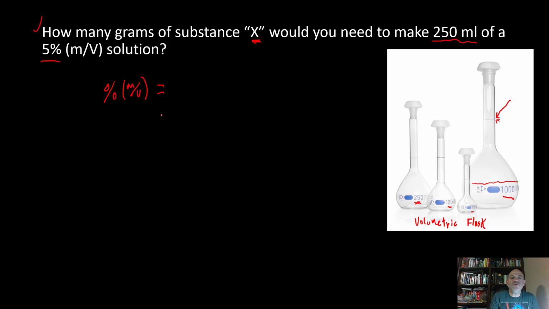I always tell my students, what we've got to do is use the formula, write it down so you can see it, okay? And I'm going to just shorthand here, and just say mass, and we understand that this is going to be the mass of the solute, okay? And then this is the volume, and what we want to remember is that it's volume in milliliters when we're talking about percent concentration. So it's mass in grams and volume in milliliters, okay?